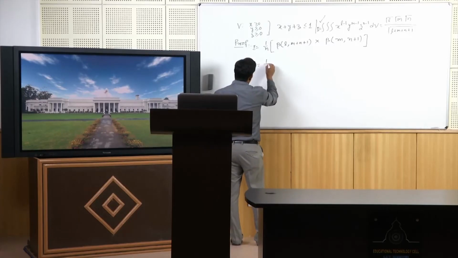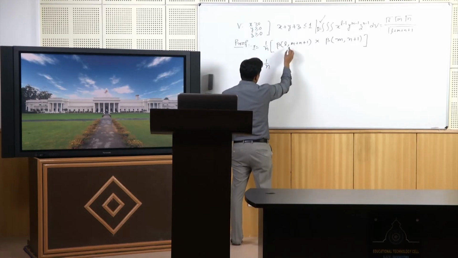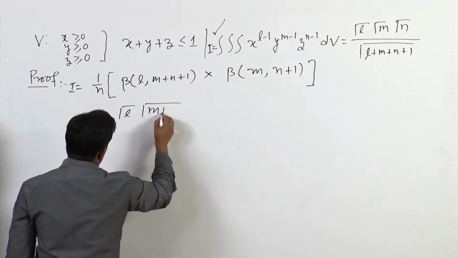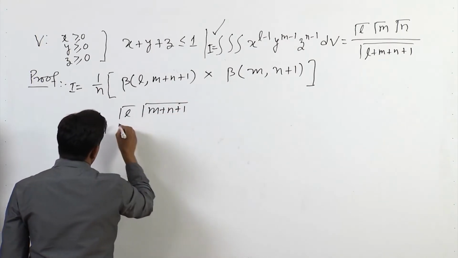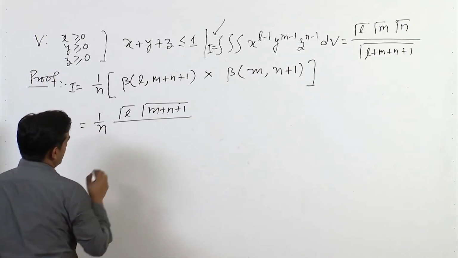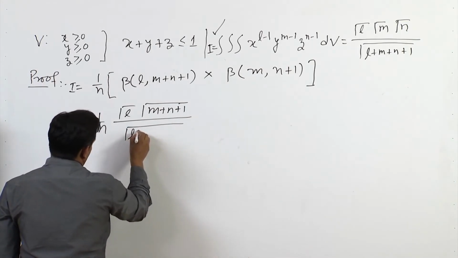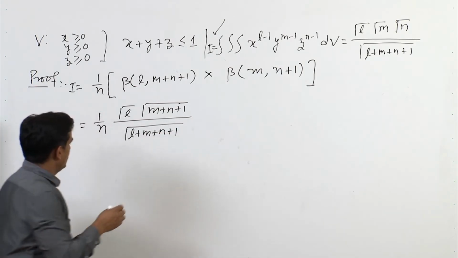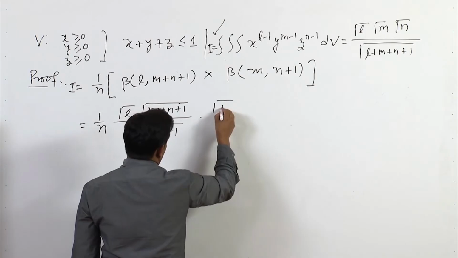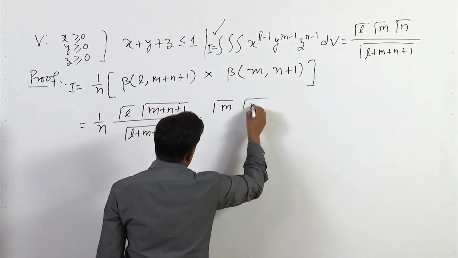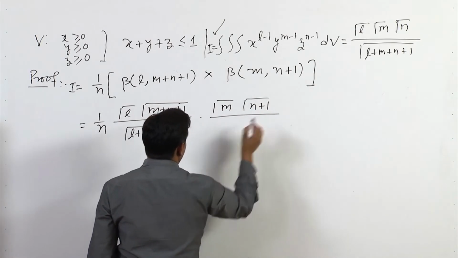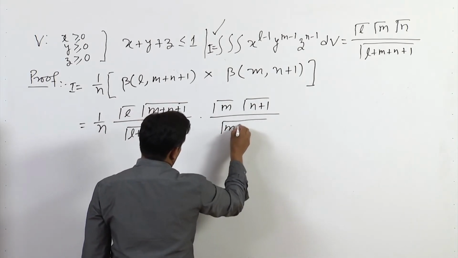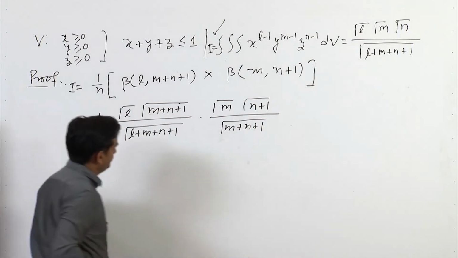And this is I equals to, I mean this particular integral. So, this equals to 1 by n beta, this I can write gamma L, gamma m plus n plus 1 upon gamma L plus m plus n plus 1 into gamma m gamma n plus 1 upon gamma m plus n plus 1.